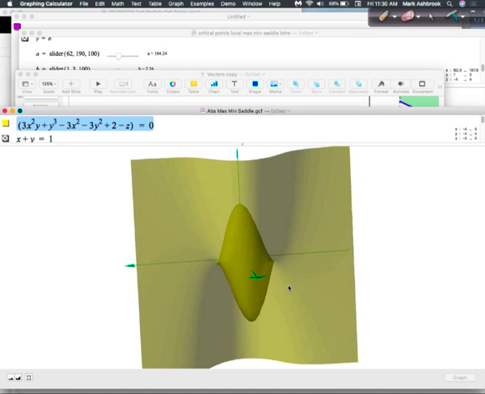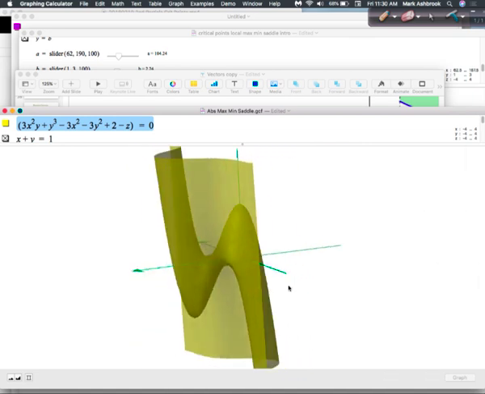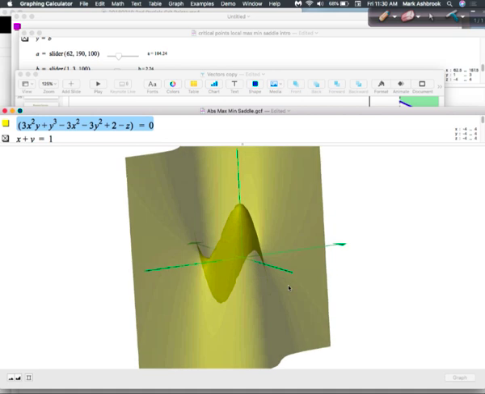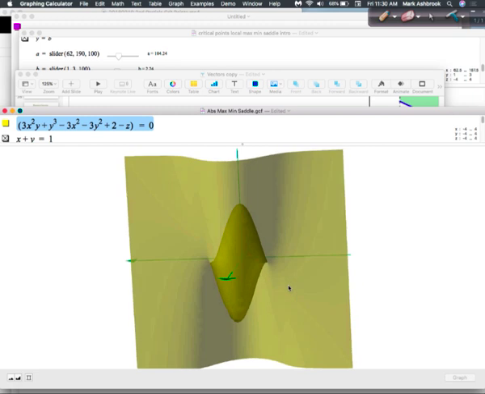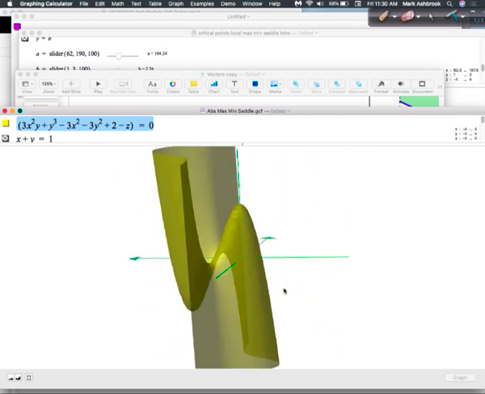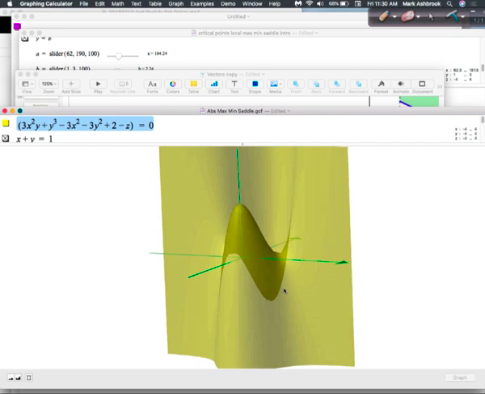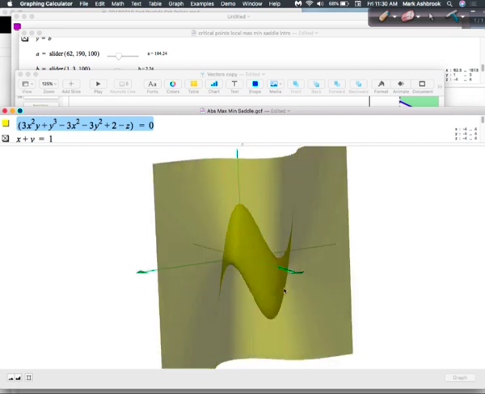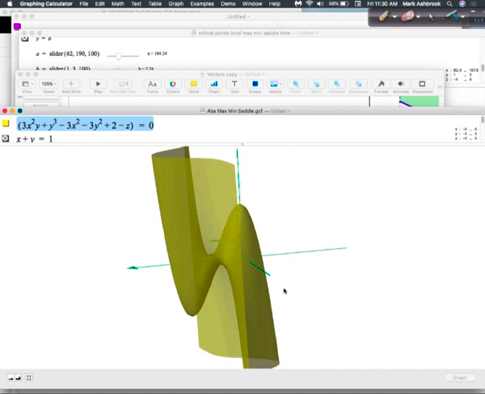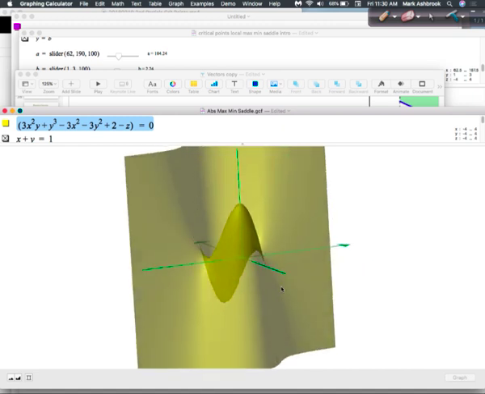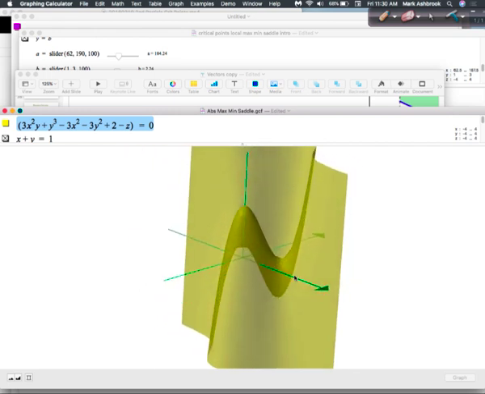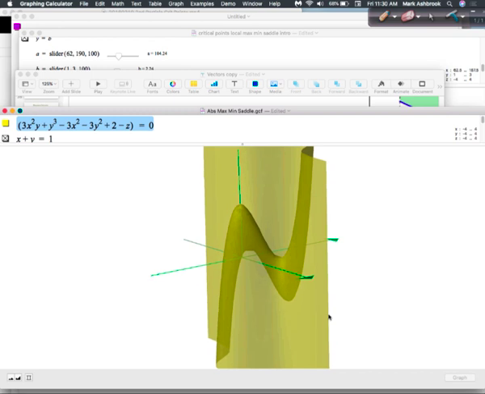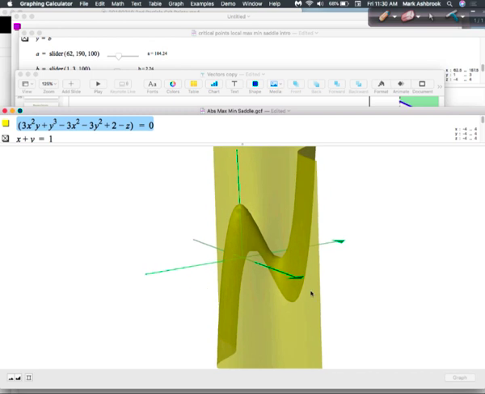How many local maxes do you see? I only see one. How many saddle points? You can see one there, and one there. And how many local mins? Just one there. So this function is the one highlighted in blue there.